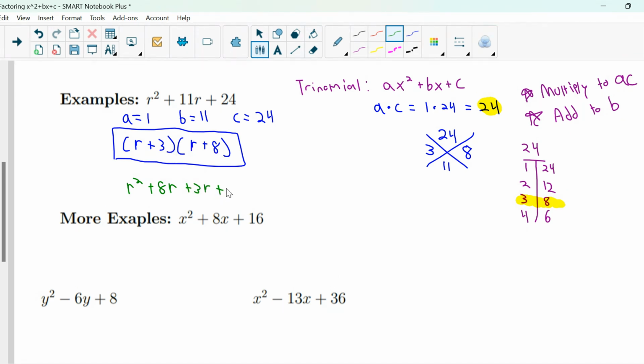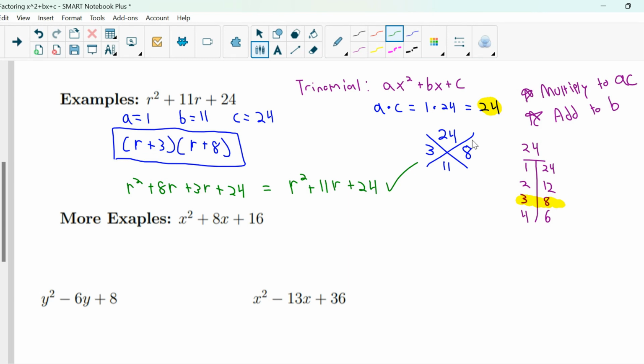And 3 times 8 gives me 24. And if we were to combine like terms, that would give us R squared plus 11R plus 24, which matches our original function. So that means that we found the correct factors.